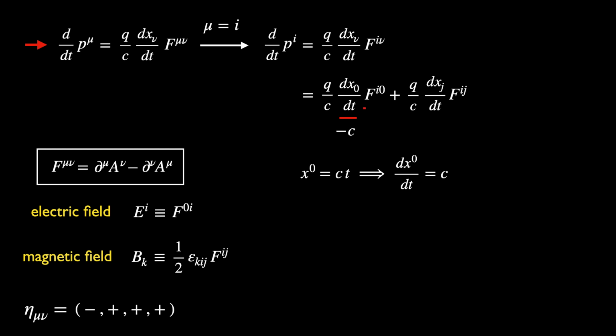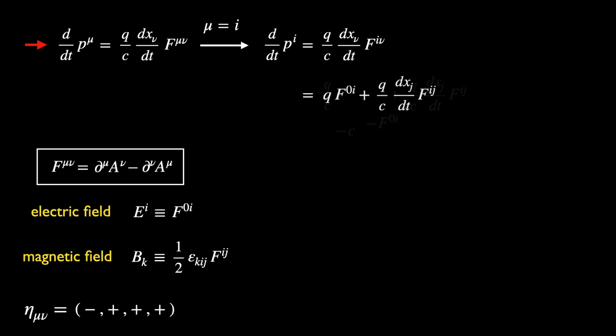And we can write F i0 as minus F 0i to make connection with the electric field. The second term involves the magnetic field.